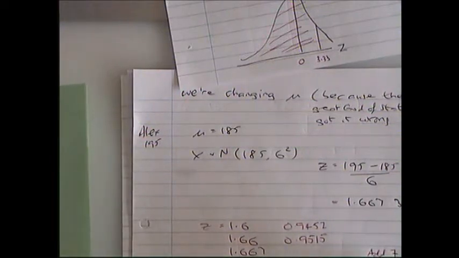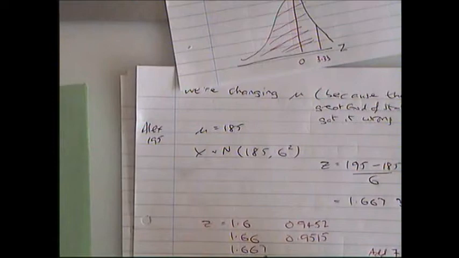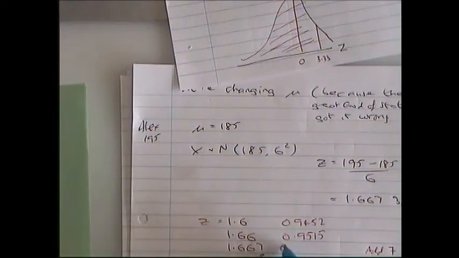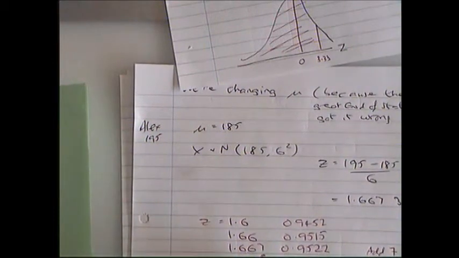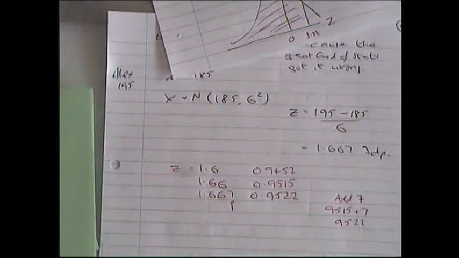So I did 9515 plus 7 is 9522, so I get 0.9522. We can do another one of those in a minute. But that would mean if we chose a random boy from year 13, the probability they were shorter than Alex is 95%. Yes, 0.9522 probability.